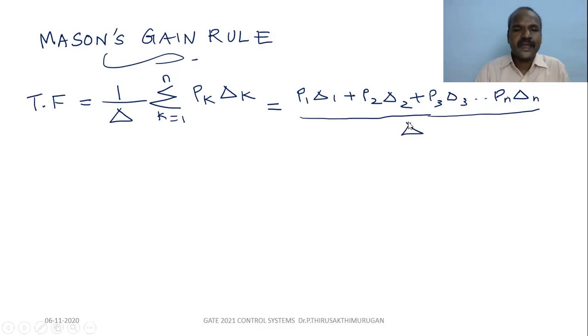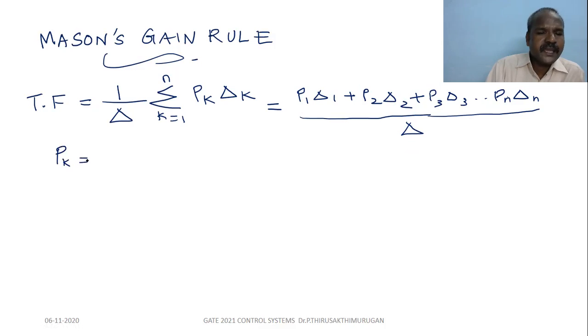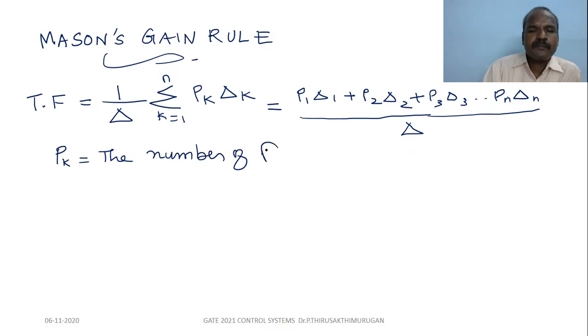So we have to find P1 delta 1, P2 delta 2, P3 delta 3, etc., and the delta. What is Pk? Pk, or P1, P2, and so on, are the forward paths, where n is the number of forward paths.